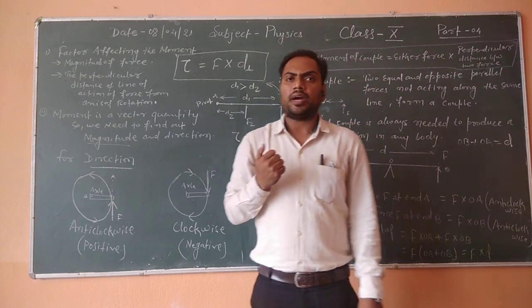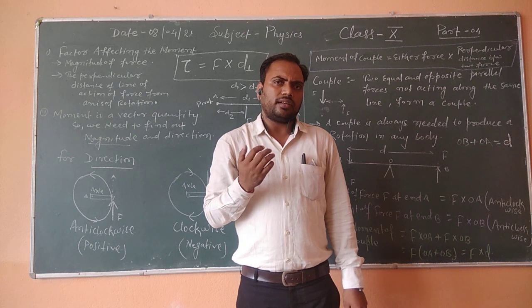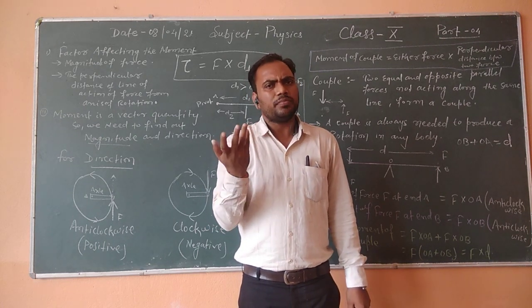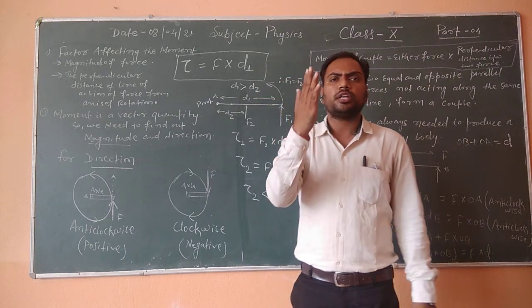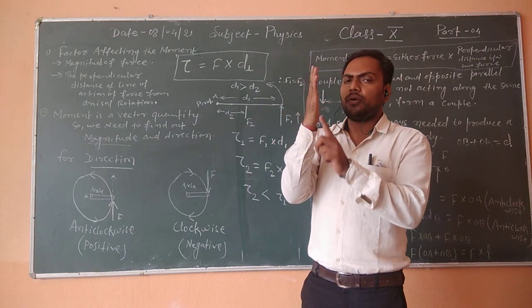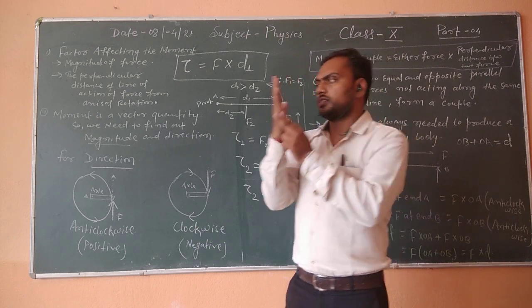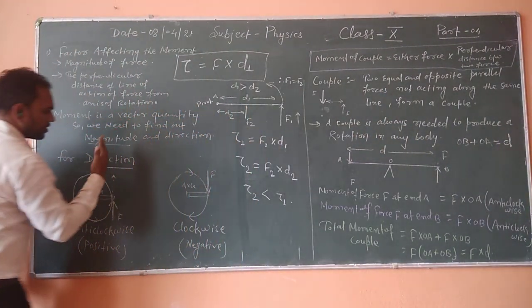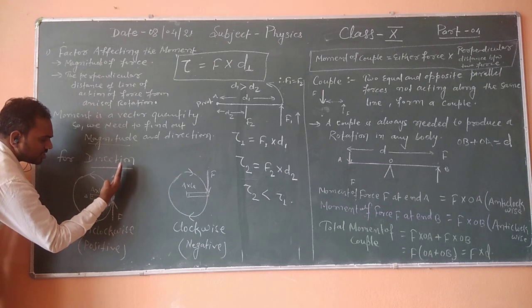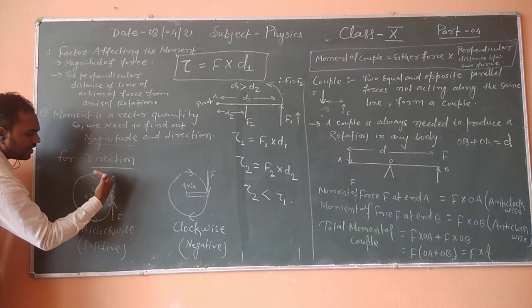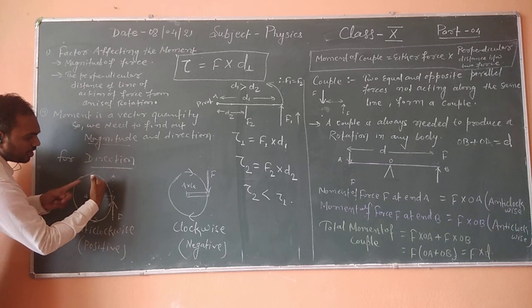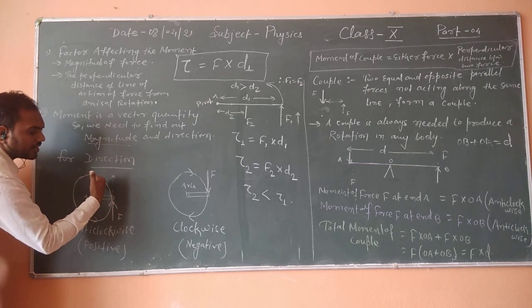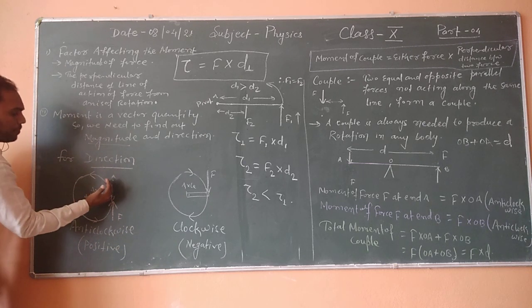You might be facing the problem of what the right hand thumb rule means. Simply put the palm of your right hand in the direction of the line of action of force and bend the fingers towards the axis. Then the thumb will show you the direction of moment.